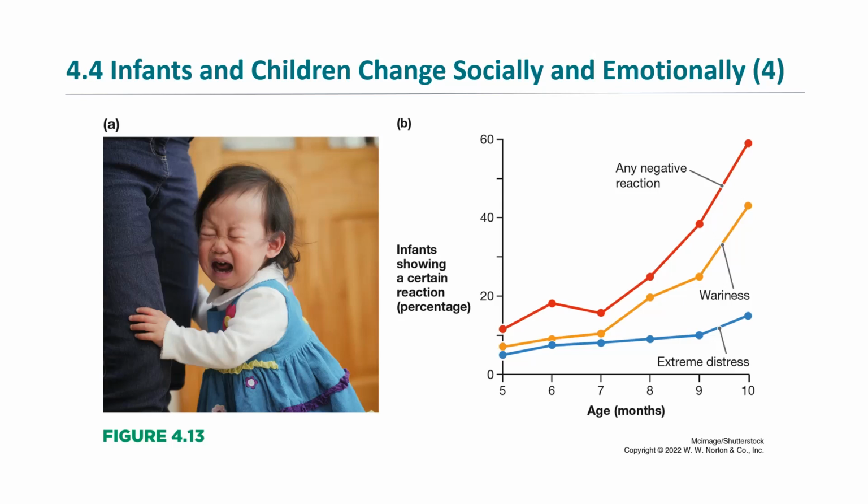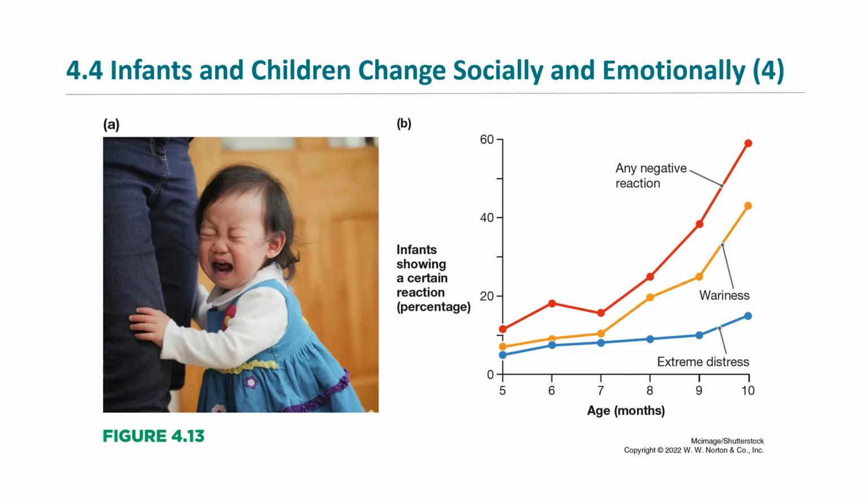It begins between the ages of about 8 to 12 months. This is when infants start to show distress when they're separated from their caregivers. You can see in this graph here that separation anxiety increases dramatically as infants get up towards the end of their first year of life. So I said, between 8 to 12 months.